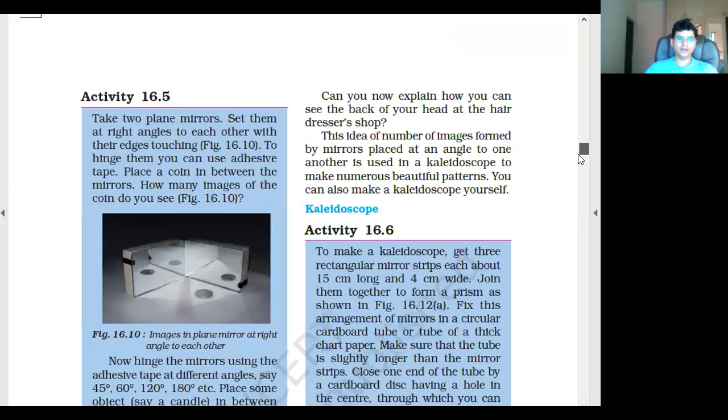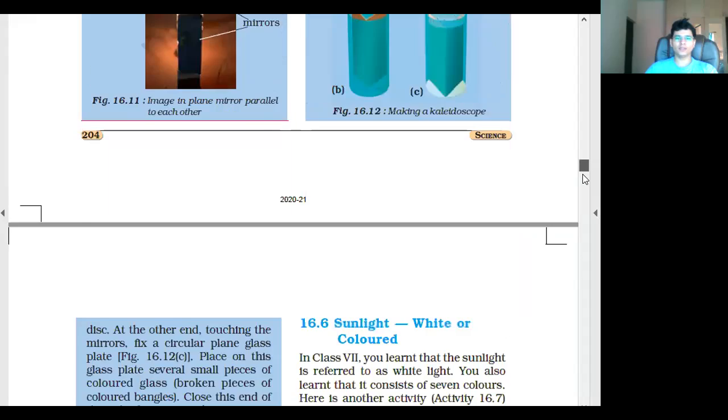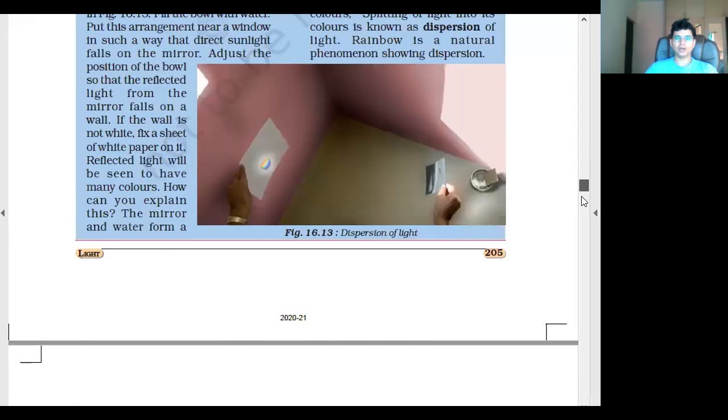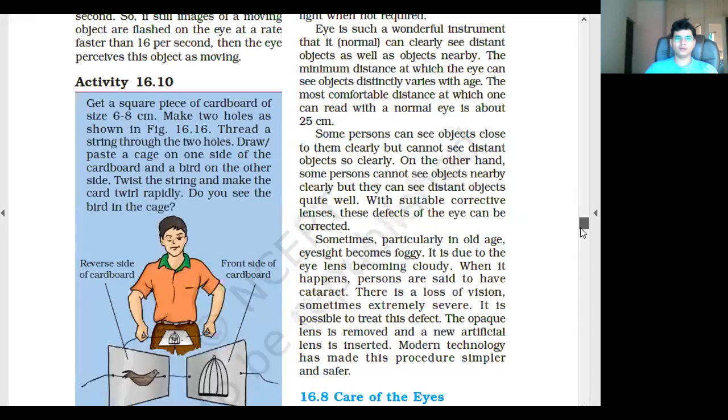That is taken by the optic nerves to the brain, and we see the object. I hope all of you remember how our eye works, and the nice video.